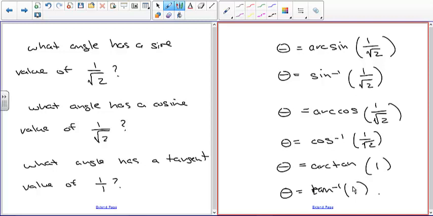You might read this as theta equals the arc sine of 1 over the square root of 2, but you could also read that as, what angle theta has a sine whose value equals 1 divided by the square root of 2? It's kind of like with logarithms, when you're asking what power you need to raise a base to get the argument of the log function.